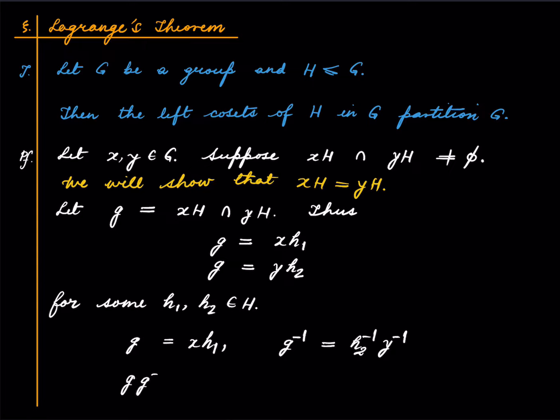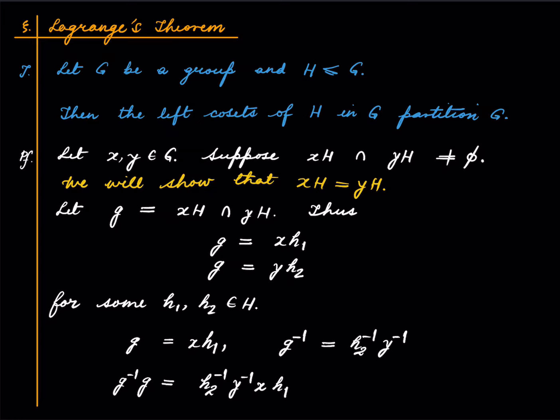So g inverse equals, or rather the other way. So g inverse g equals h2 inverse y inverse x h1. Right? So what we did was we just multiplied this with that. So on the left side we get g inverse g, on the right side we get this multiplied by that, which is what we've written.